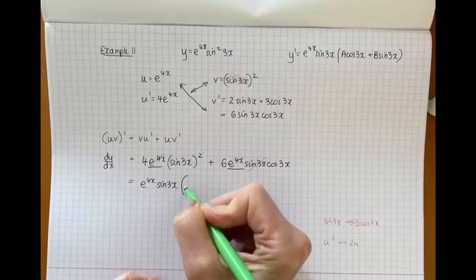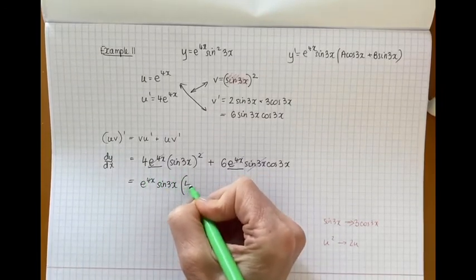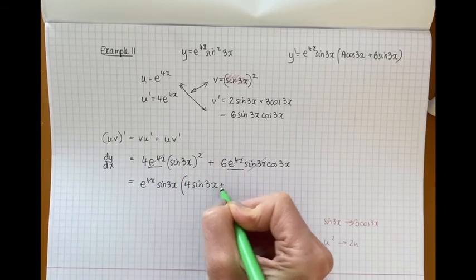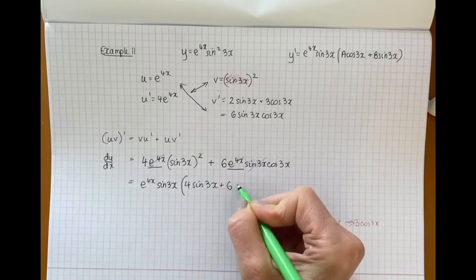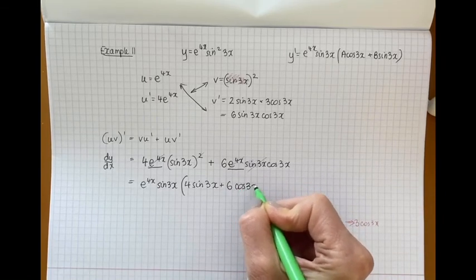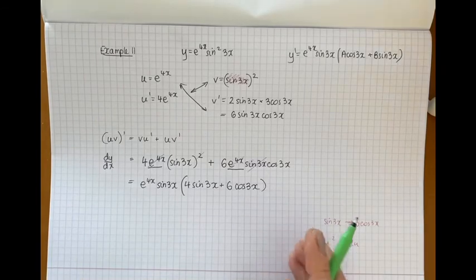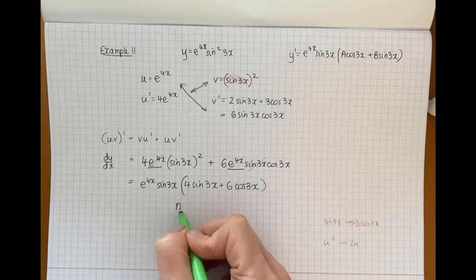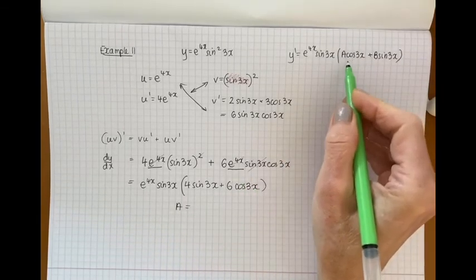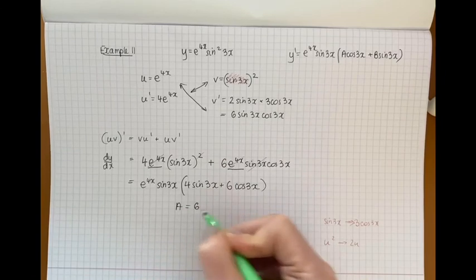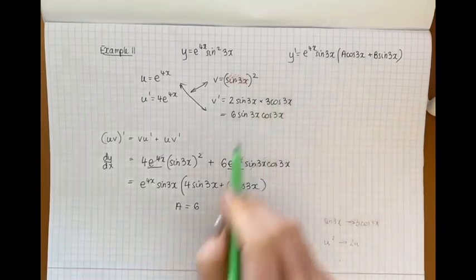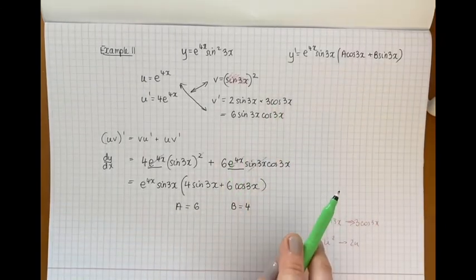And inside the big bracket you'll have 4 left from the first term, and 1 of the sine 3x, plus 6, and then cos 3x. Really, you should take 4 and 6 out as well as a common factor. So a is equal to 6, actually should have written it the other way around, as long as I state these, and b is equal to 4, because a was the coefficient of cos and b is the coefficient of sine.